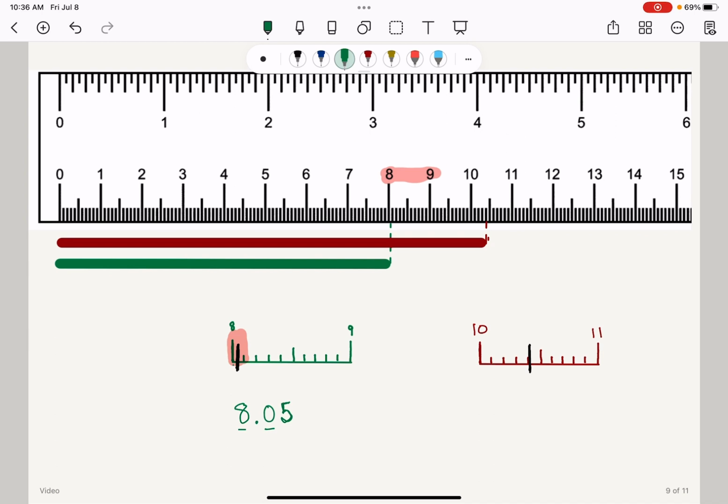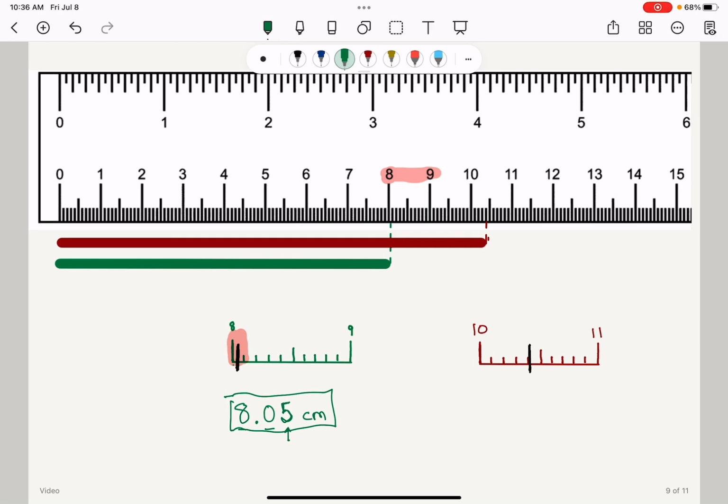So I call that 8.05, and that number right there has uncertainty. That's okay because that's what we want. So this reading should be 8.05 centimeters, where the uncertainty comes in the 5. You could look at this and you would get 8.0 definitely, but you might get 8.04, and that's okay.